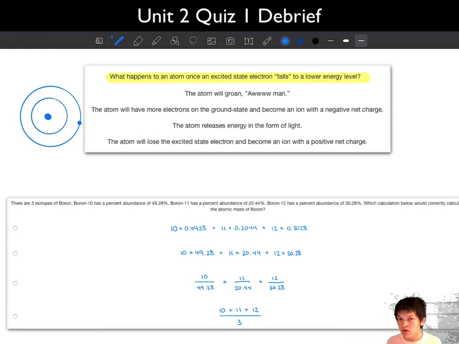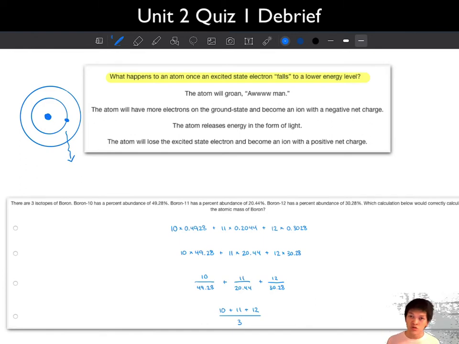What happens when that electron falls back down? So once it falls back down, where does the energy go? Well, it's released back to the environment, and it's released as light. Okay, that's how it's interacting with energy. So an atom has electrons. Those electrons, when it goes from a ground state energy level, can absorb energy, and then the electron goes up to a higher energy level.